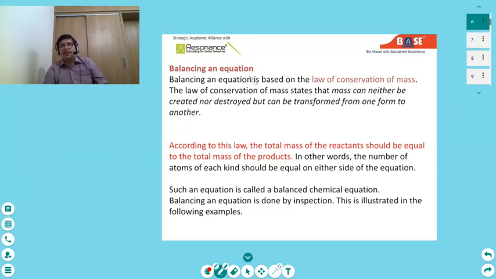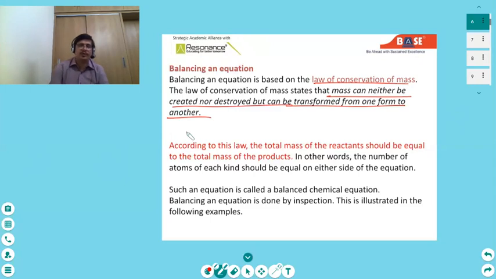So balancing of chemical equation is based on LOCM. LOCM is law of conservation of mass. What is that law? That you cannot create mass, neither can you destroy mass, but you can convert it from one form to another. Okay. So the law of conservation of mass tells that mass can neither be created nor destroyed, but can be transferred from one form to another.